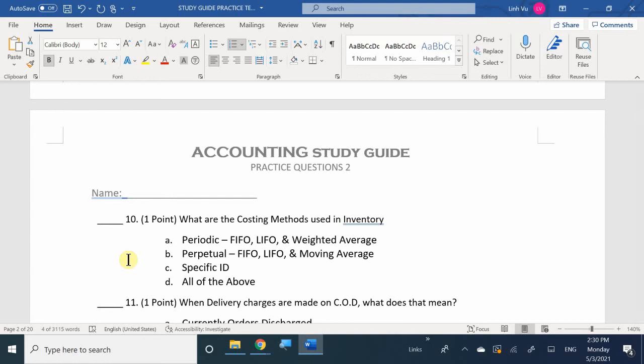And of course, we can never forget about specific ID. In this case, I just don't teach it. There's too much other stuff going on that you should know over specific ID. So all of the above is the correct answer.